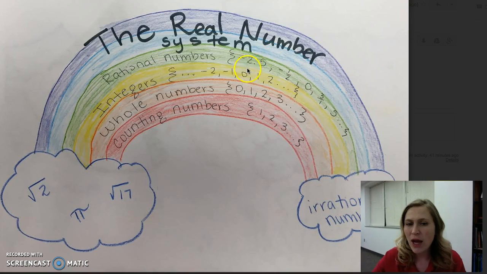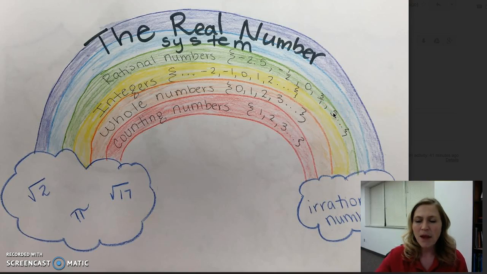So right here I have a terminating decimal, I have a negative fraction, I have 0, I then have 3, which is a counting number, but I've made it into a fraction, and then the number 5. And then I have the top that kind of titles my picture and says this is the real number system.